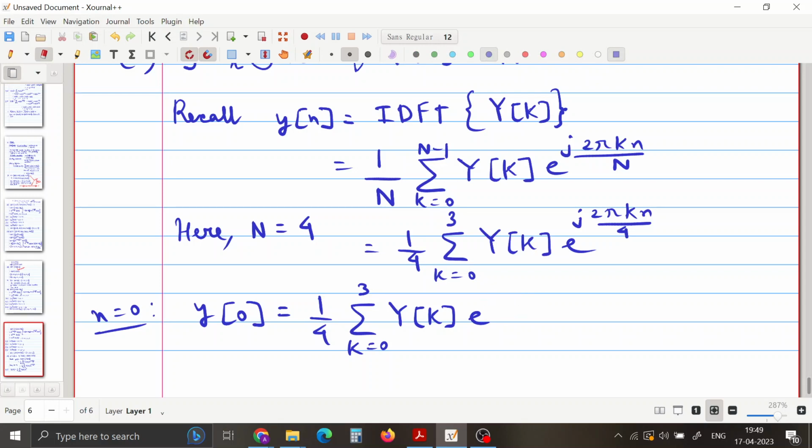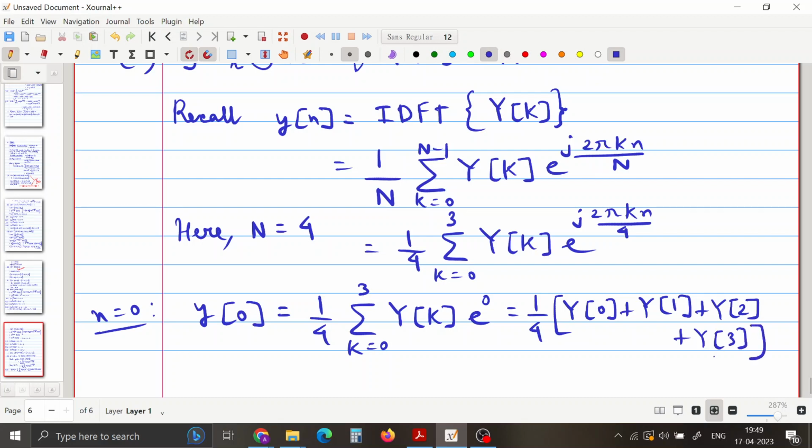This is e power 0. This is e power 0. So it's simply 1 by 4 times capital Y of 0 plus capital Y of 1 plus capital Y of 2 plus capital Y of 3.